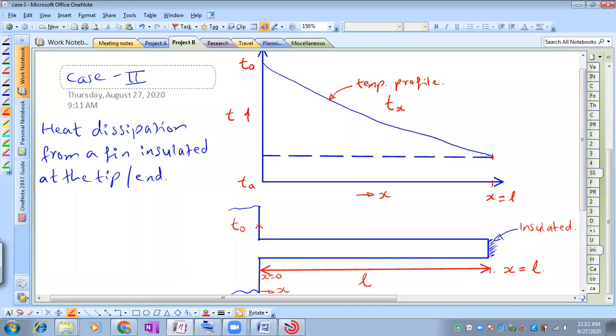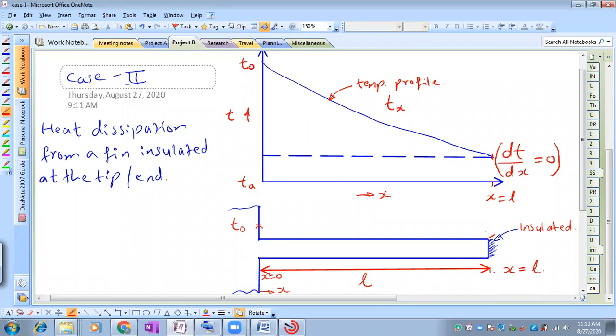It means that my temperature at the end of the fin will not be equal to the ambient temperature. There will be some temperature, and I can say my temperature gradient is 0. At x equal to L, my temperature is not equal to ambient temperature because we have some finite length of the fin.